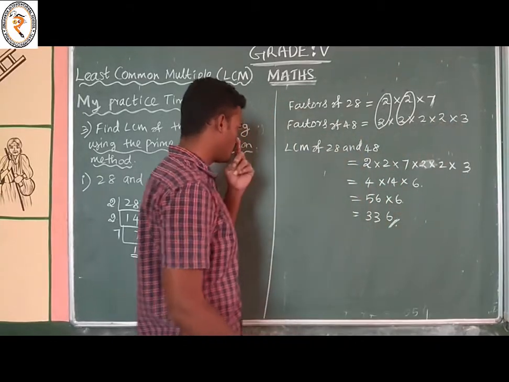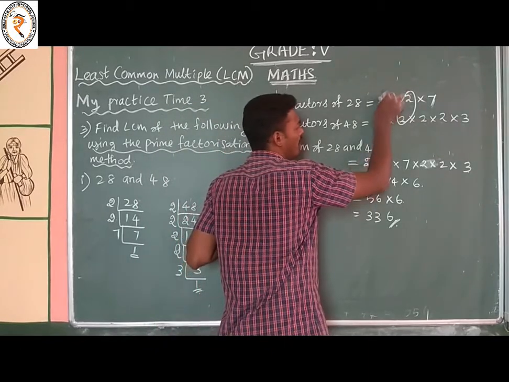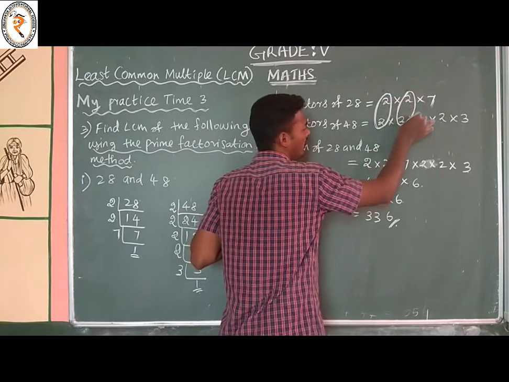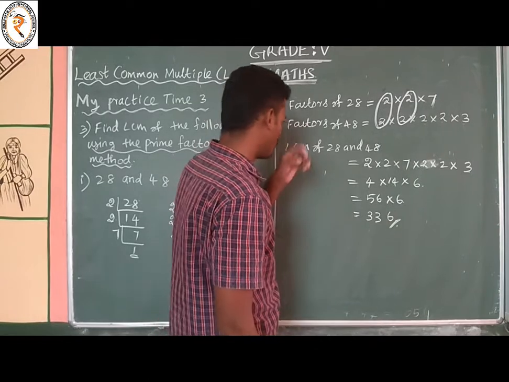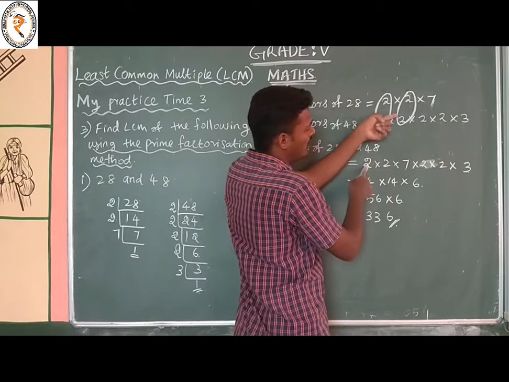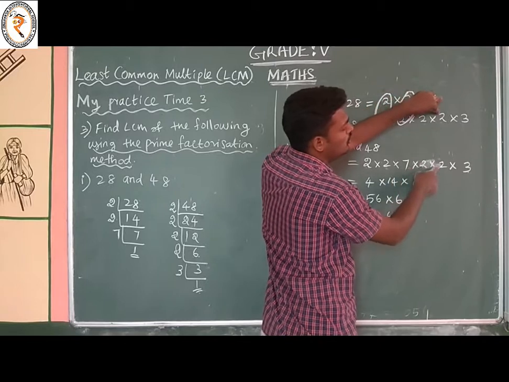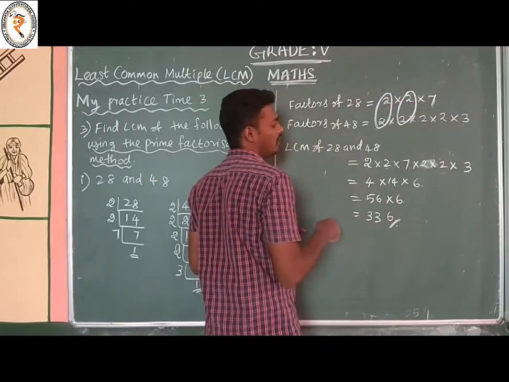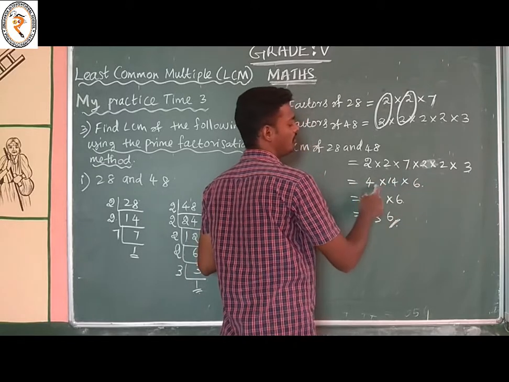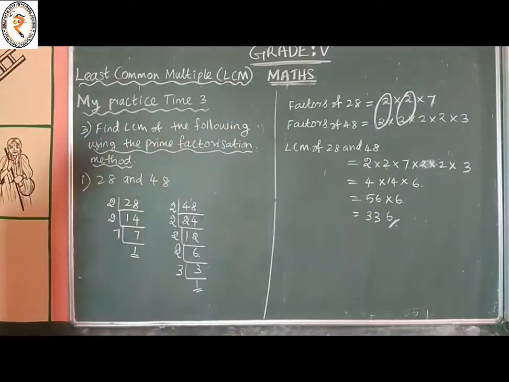When finding the LCM of 28 and 48, take the common numbers 2 and 2, and the other numbers 7, 2 and 3. You multiply all the numbers. So 2 2s are 4, 7 2s are 14, 2 3s are 6. So 4 14s are 56 into 6, 336.